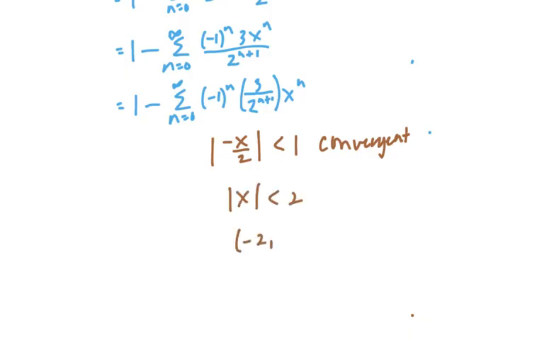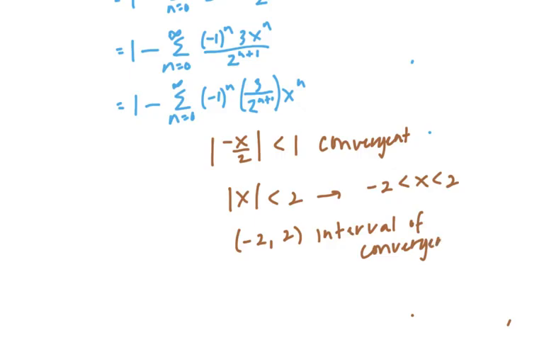So that means our interval is negative 2 to 2. This becomes negative 2 is less than x, which is less than 2. So this is our interval of convergence, even though there's a 1 in the problem. And this is our function back here.